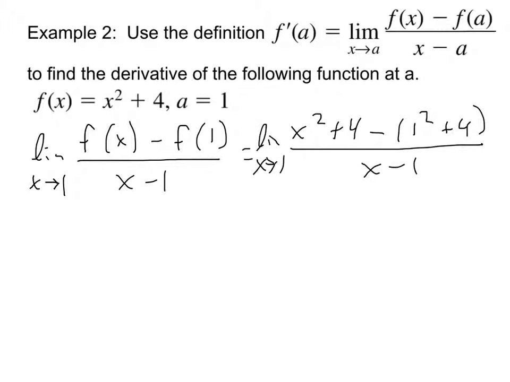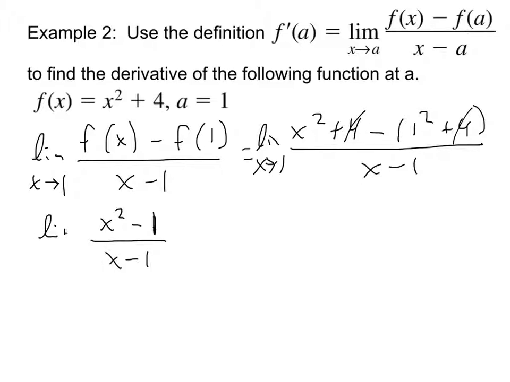So that simplifies to x squared minus 1 up top, because this 4 and that negative 4 cancel, all over x minus 1 below.